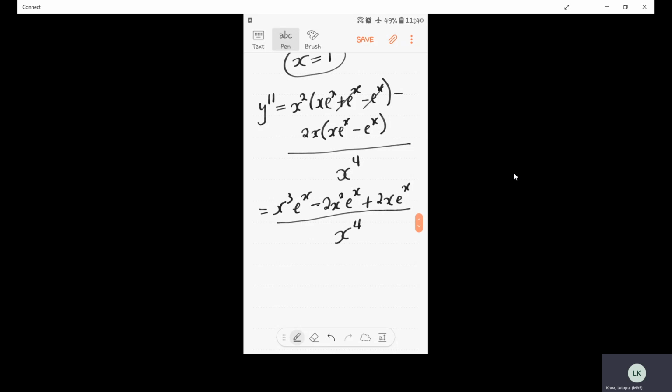Now when I look at all my terms, they all have x in them, so x can cancel.